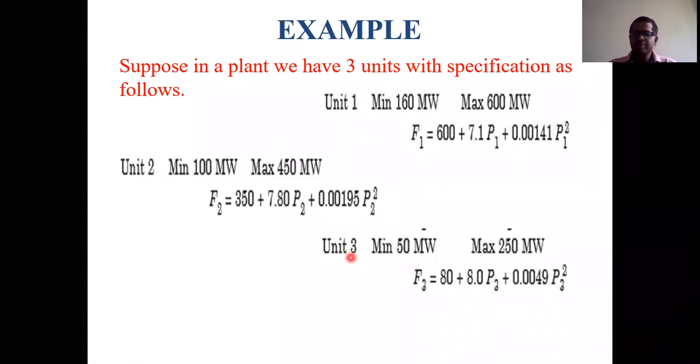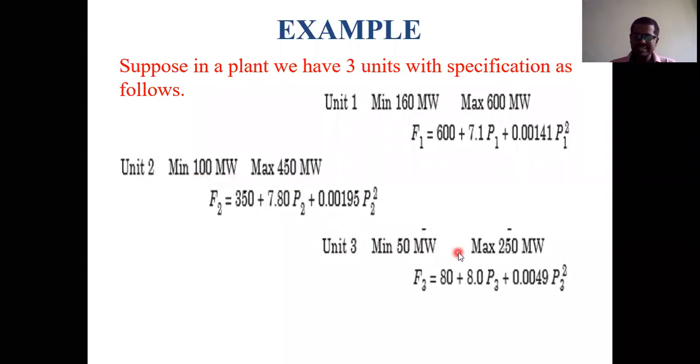And in this problem, they have given some constraints, that is real power constraints. When you are considering unit 1, the power generation must be in the range of 160 to 600 megawatts. This is the constraint of unit 1. Similarly, for unit 2, power generation should be in the range of 100 megawatts to 450 megawatts.